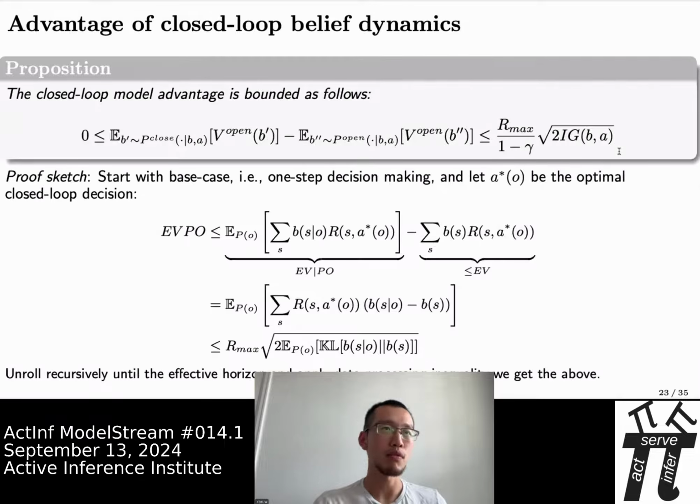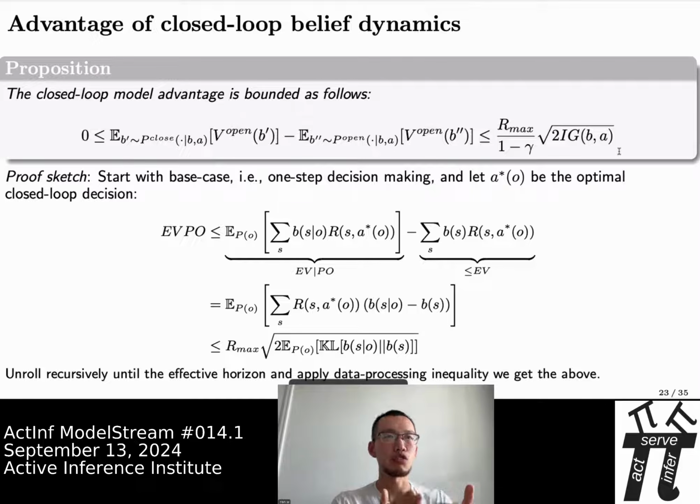If we make the comparison that way, then one thing we know is that the main contributor to the performance difference between the two policies is model advantage, and specifically in this case, the disadvantage of using open loop dynamics in open loop policy planning.